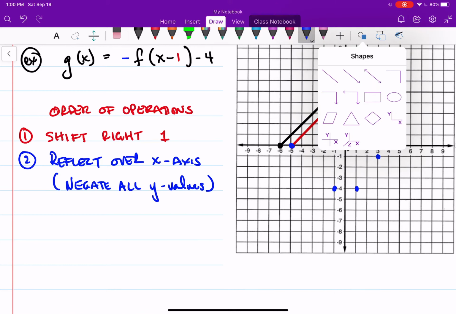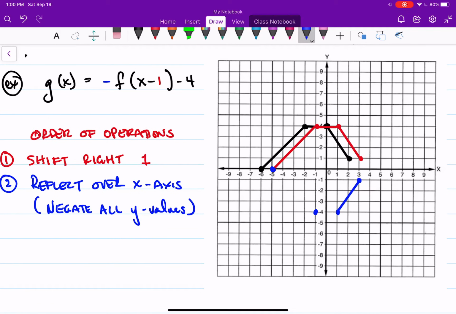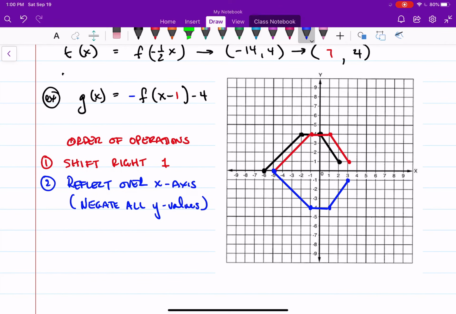Okay. So let's bring the lines back. There's that one. Then that one. And then there's this one. There we go. So that is step 2.